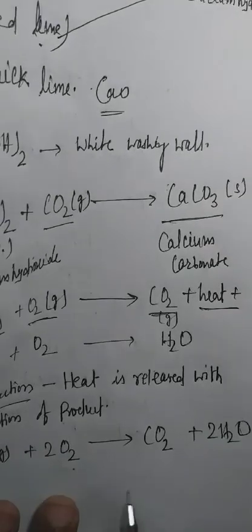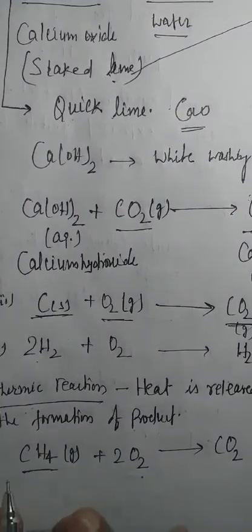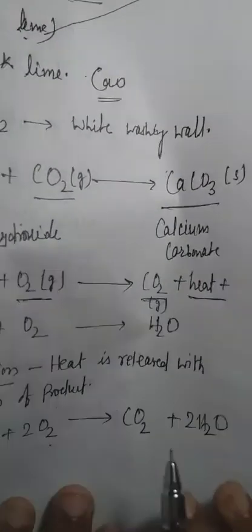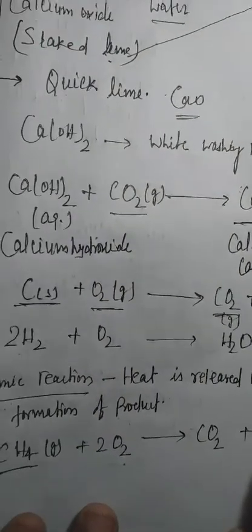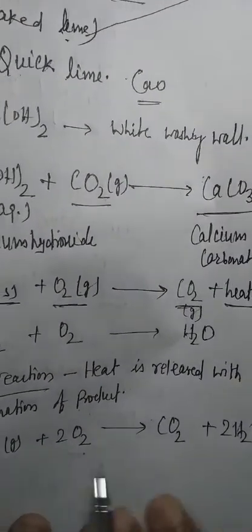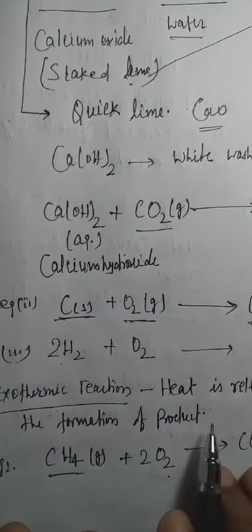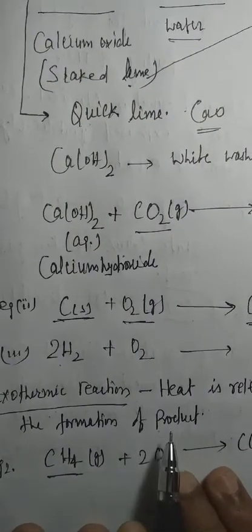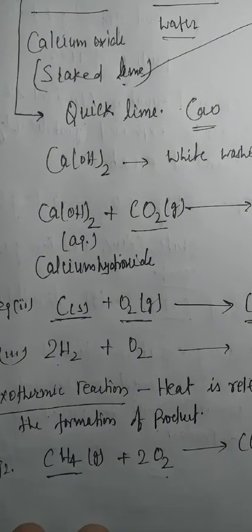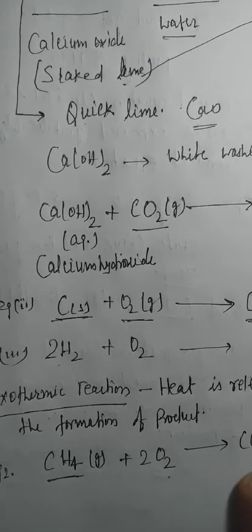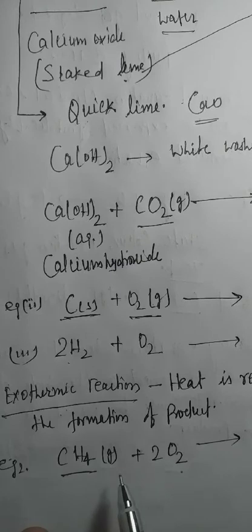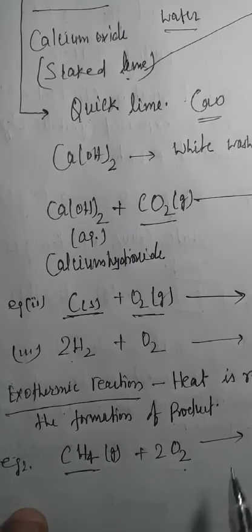Right? See, CH4 reacts with oxygen and forms carbon dioxide and water, and we are getting an enormous amount of heat after this reaction. This is called an exothermic reaction. Memorize this: if anyone asks, a hydrocarbon reacting in the presence of oxygen is an exothermic reaction.